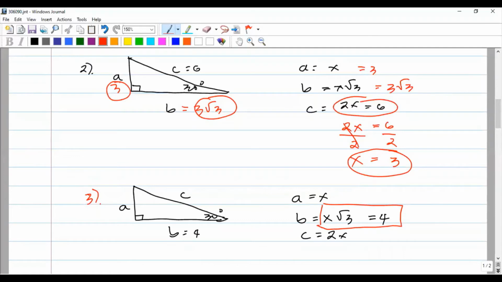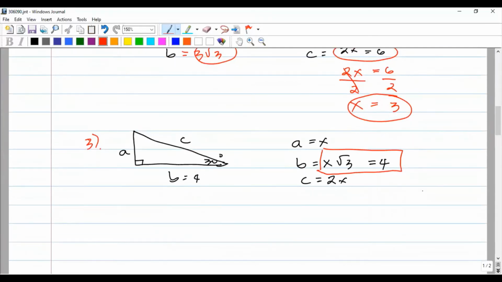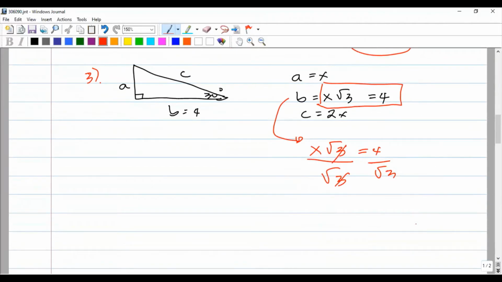So from here, we have X square root of 3 equals 4. Again, divide both sides by square root of 3. And we have X is equal to 4 over square root of 3, or by rationalization, we have 4 square root of 3 over 3. So that is our X.